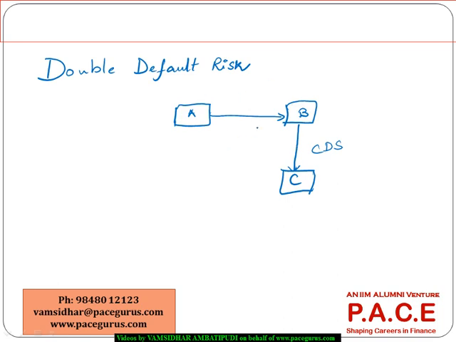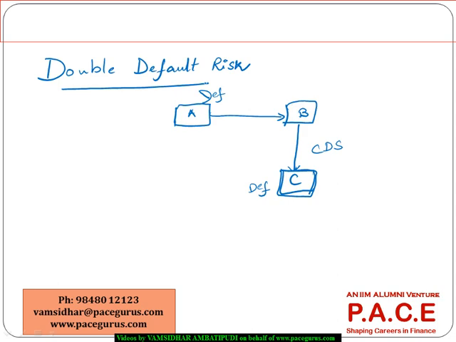Now, if it so happens that A defaults and at the same time C also defaults, this generally is assumed to be a default-free kind of entity, but because of correlations breaking down quite drastically, it might so happen that A is defaulting and at the same time C is also defaulting. This kind of risk is what we are calling a double default risk.